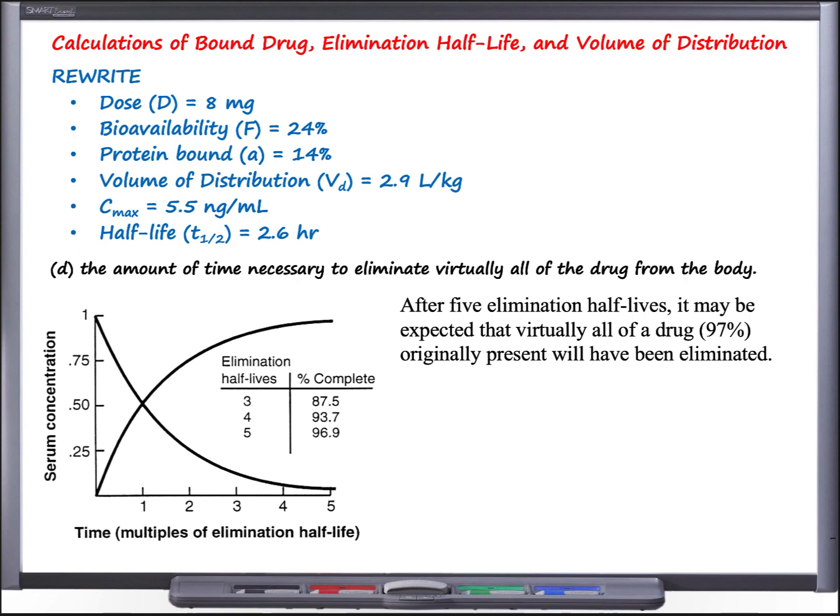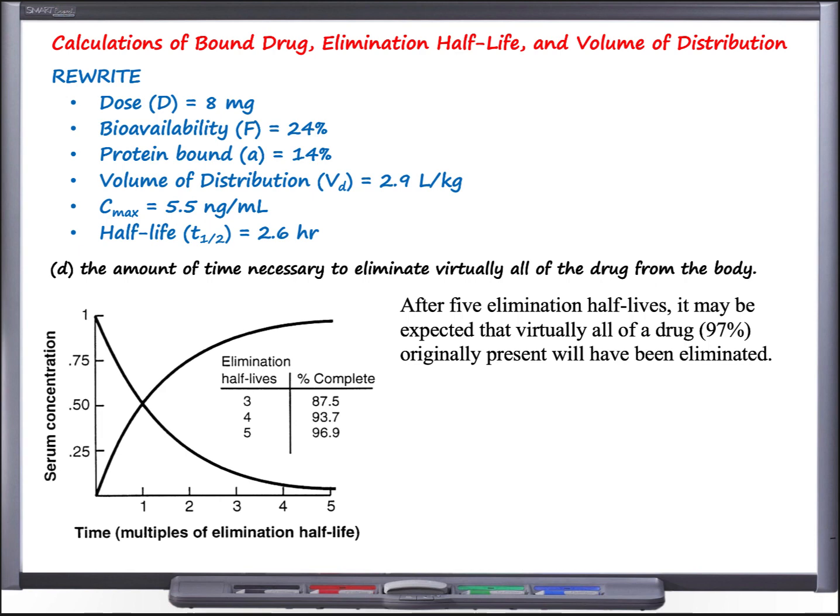That's shown in the graph, but just understand this: it takes about 5 half-lives to completely eliminate the drug. But completely eliminate isn't quite right. We say virtually all of the drug because that means 97%. There's still a little bit left, but usually so little that it wouldn't be expected to produce any biologic effect. So after 5 half-lives, virtually no active drug is left.